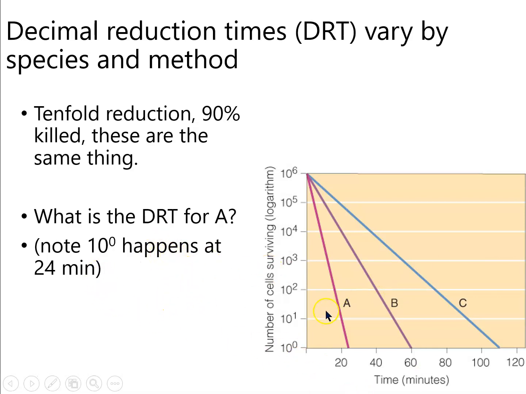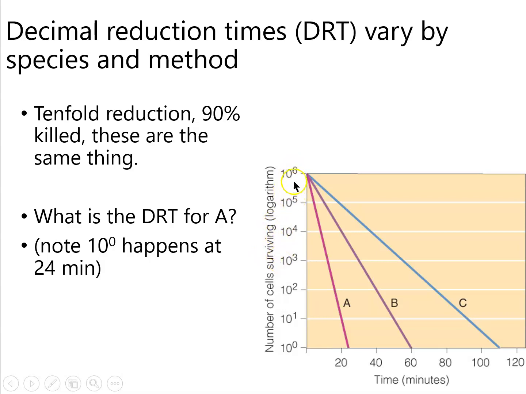Here's the information. If you're trying to figure out the decimal reduction time, A starts at time 0 and ends at time 24 minutes. So in 24 minutes, it goes from 10 to the 6th cells, or 1 million cells, down to 10 to the 0, or 1 cell. So how would you calculate the decimal reduction time? What I would look at is how many decimal reductions happen.